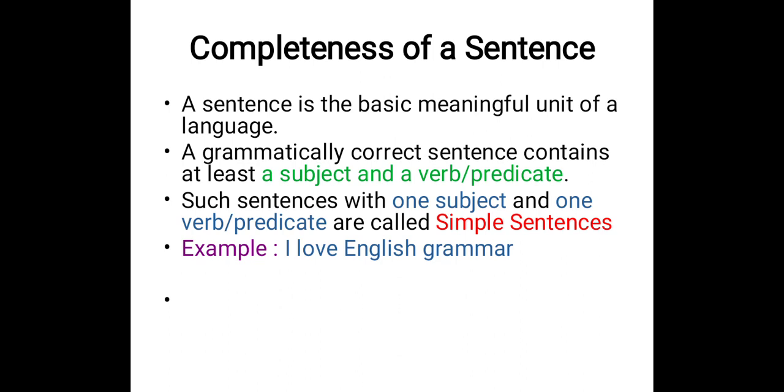Such sentences with one subject part and one verb or predicate part are called simple sentences. An example of a complete sentence is "I love English grammar," where "I" is the subject, and "love English grammar" is the predicate. The meaning is complete there.